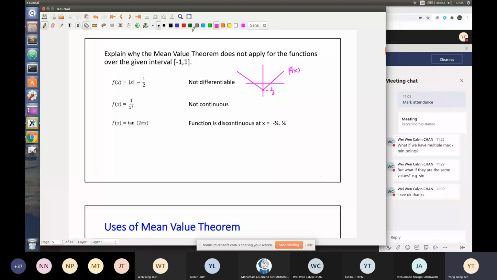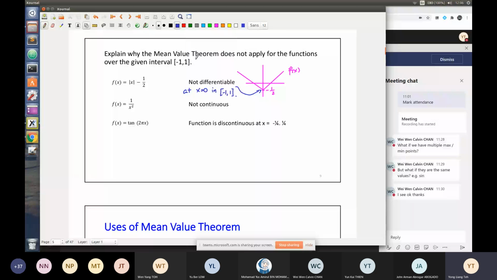So hence, let me put a note here. Not differentiable at x equals 0, which is in [-1, 1]. If the non-differentiable point is outside [-1, 1], then you can apply the MVT.